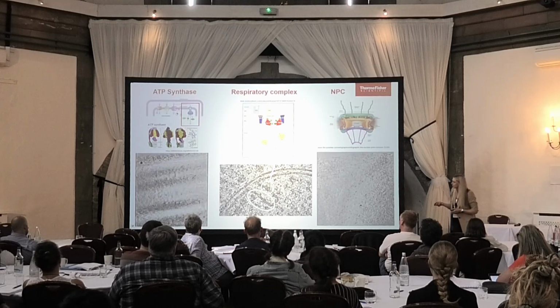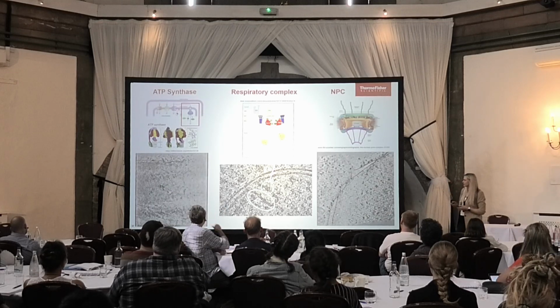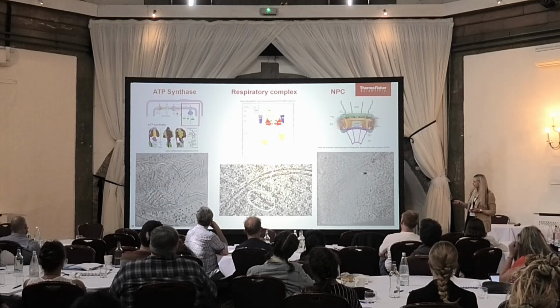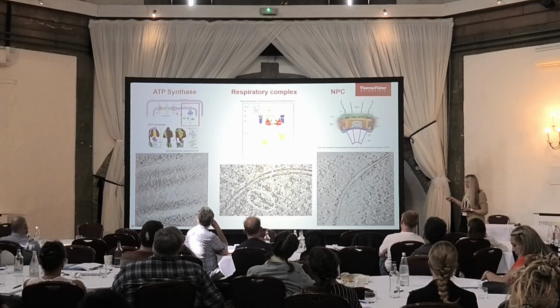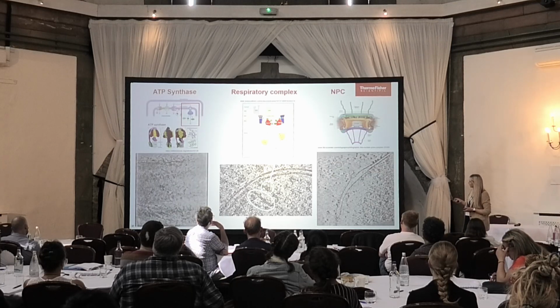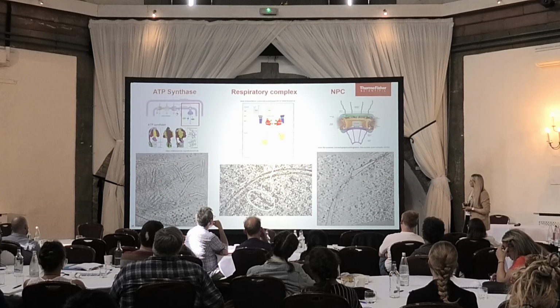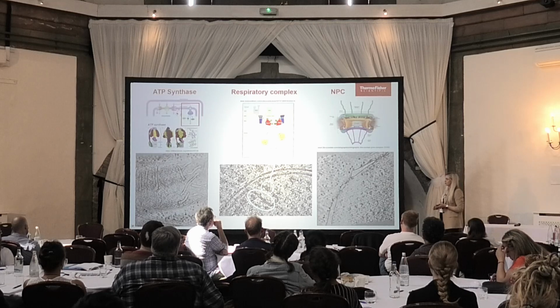All these inner membranes are decorated with ATP synthase particles, also respiratory complexes, and finally, we wait for the right slice. You can see several nuclear pore complexes appearing. And in the next slide, I will show just one reconstruction from this work.